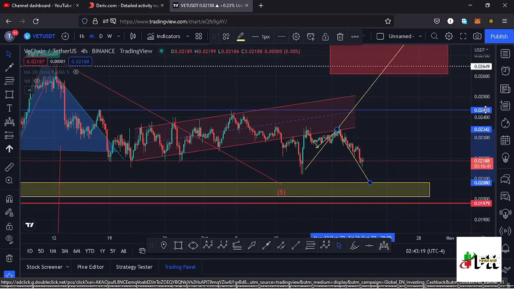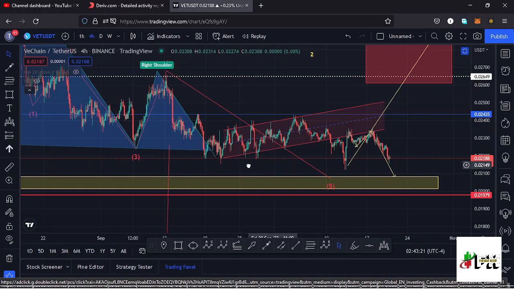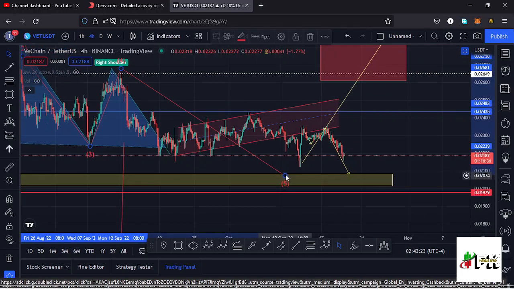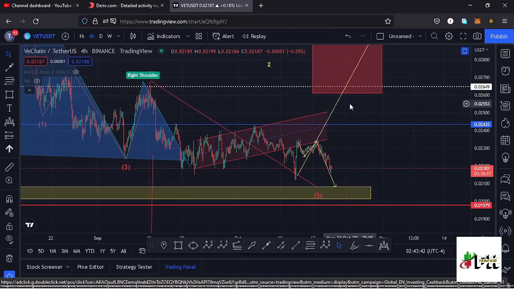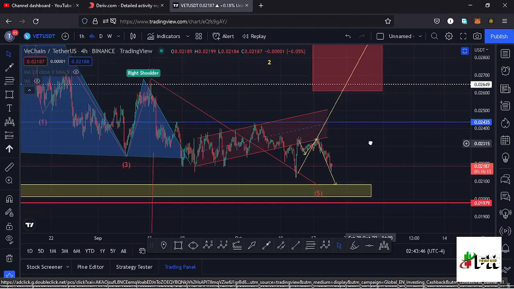And in case that happens, then I will also have to adjust my Elliott wave structure, having the wave 5 low as the low that we make down here, maybe at around the $0.02 mark, in case that is where Vechain takes us next. I will also have to adjust my target area for that second wave to the upper side, because we'll be having a new low.